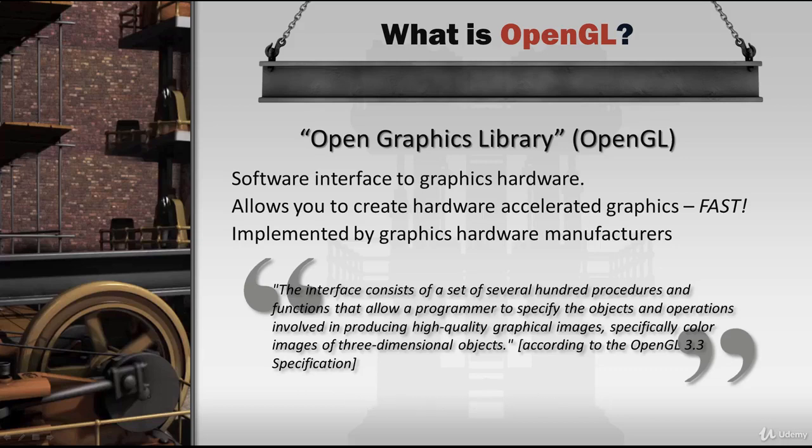So being just a specification, it's really up to the graphics card manufacturers like NVIDIA, AMD, and Intel to implement the interface. OpenGL doesn't dictate how to implement the API. It's up to each graphics card developer to do it, but they must comply with the API requirements.